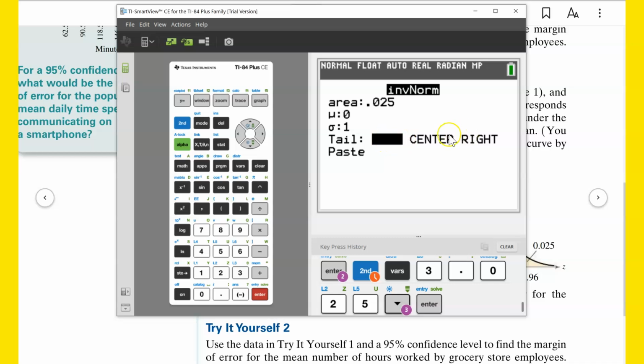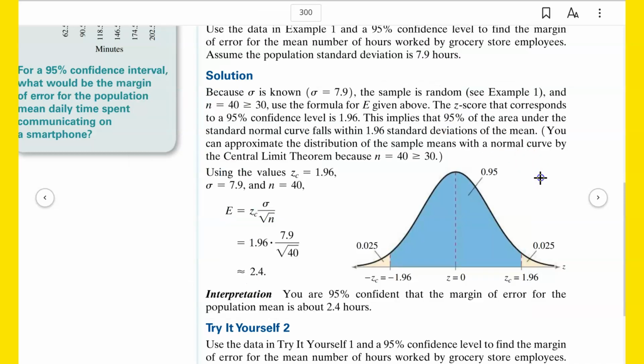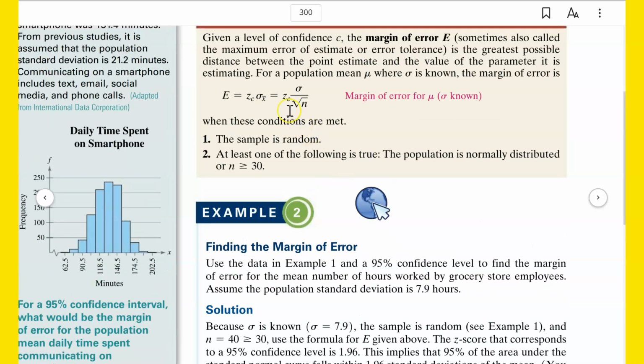Those older calculators don't even have these options for left, center, or right. It just assumes a left tail. Then you click paste, hit enter, and it tells me negative 1.96. Now, even though it tells you negative 1.96, the z sub c that you want for this formula up here is just the positive value, or the absolute value of whatever you find. So it's just positive 1.96 is that z sub c value.